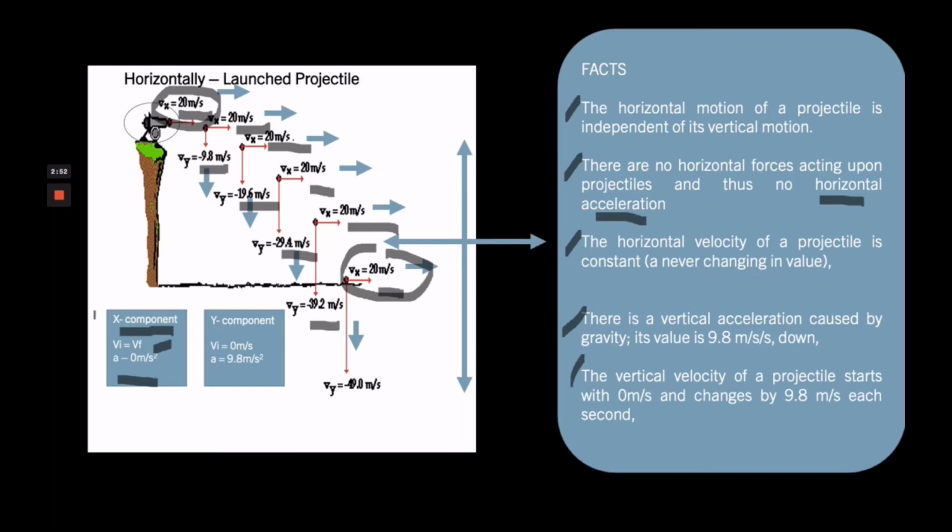And based on your observation, there is a change of 9.8 meters per second each second. You may wonder why this happened. Again, this is because there is a force acting upon our vertical component, and that's gravity, which is equivalent to 9.8 meters per second squared.